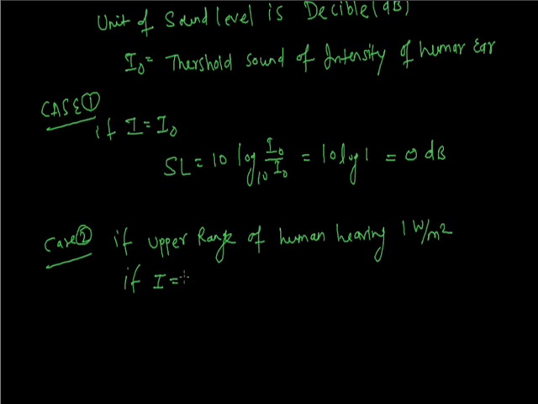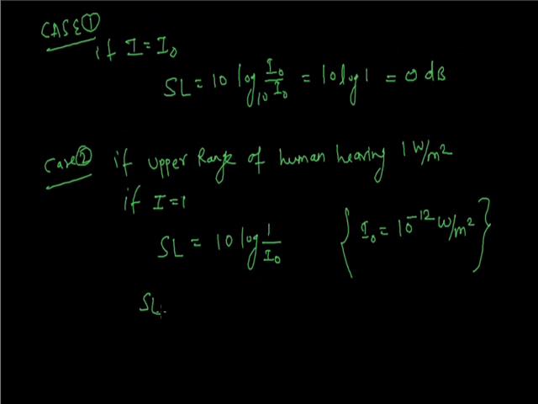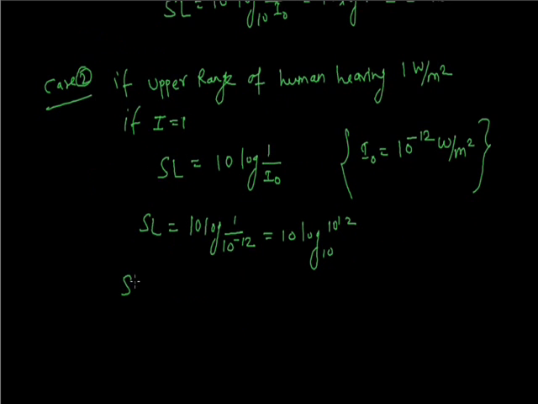If I is equal to 1, then the sound level will be 10 log 1 upon I naught, where I naught is the minimum threshold sound intensity, 10 to the power minus 12 watt per meter square. Now the sound level is 10 log 1 upon 10 to the power minus 12, that is 10 log 10 to the power 12. If we solve it, we get the sound level 120 decibel. The upper range of human hearing is called the threshold of pain.